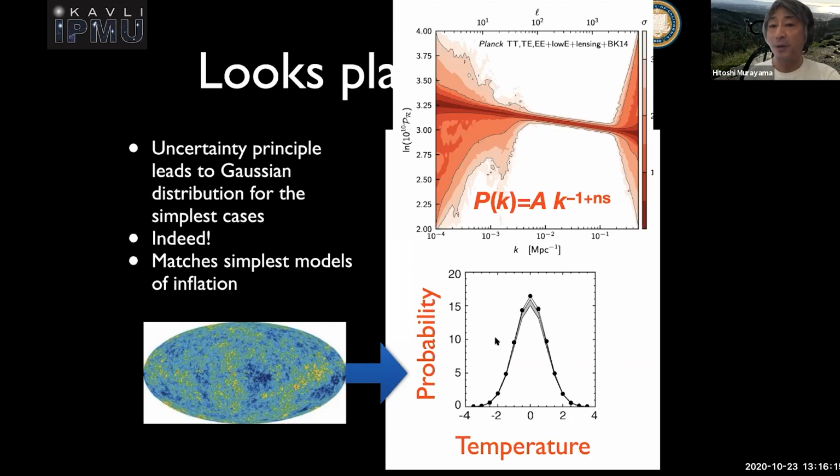I wasn't planning to talk about it, but the people, of course, did fit to the data, allowing for deviation from the power law as well. That is usually called the running spectral index. The n_s here is written as a constant, but maybe n_s can also change logarithmically as a function of k. And people did the fit, and it's basically consistent with 0, but you can argue about it.